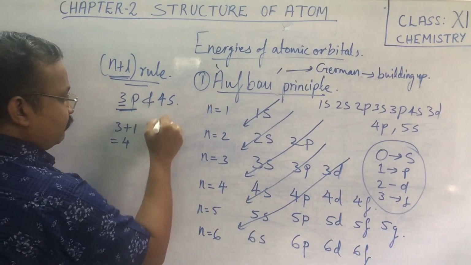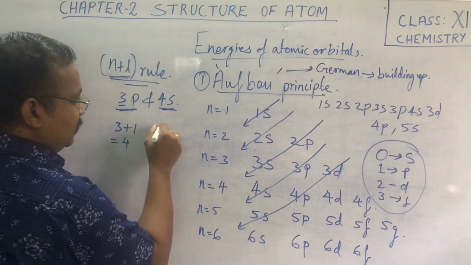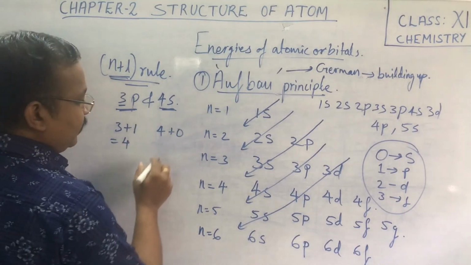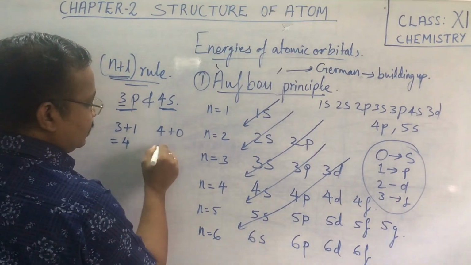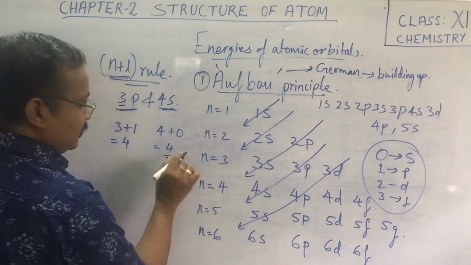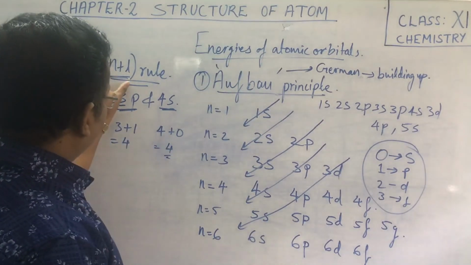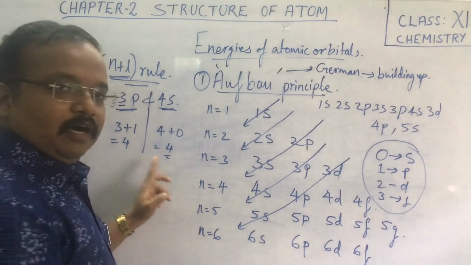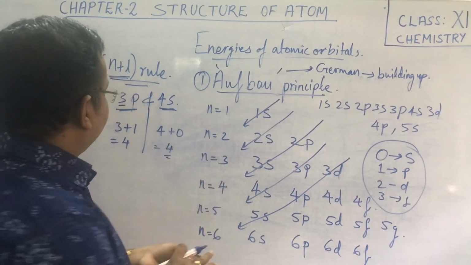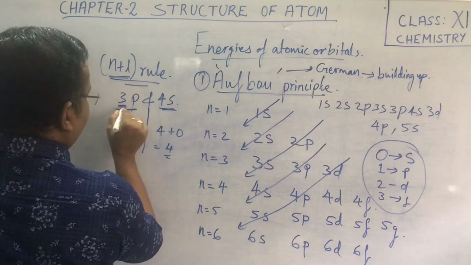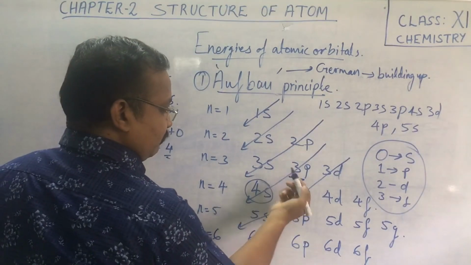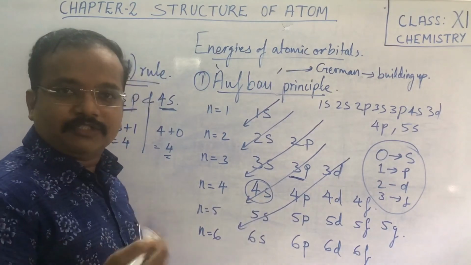And 4s is 4 plus 0, which is also 4. So children, now we have got the n plus l value for both 3p and 4s as 4. Then what you have to look at is the n value which is lower. So 3p will be filled before 4s.